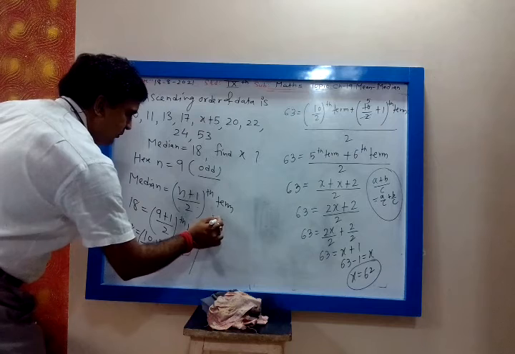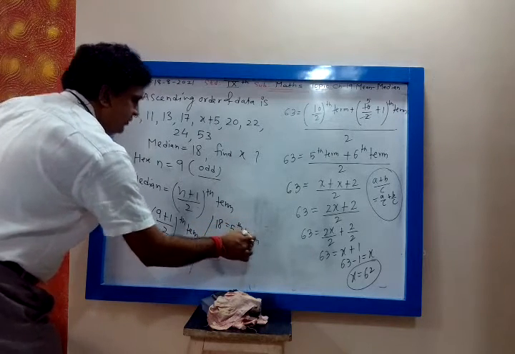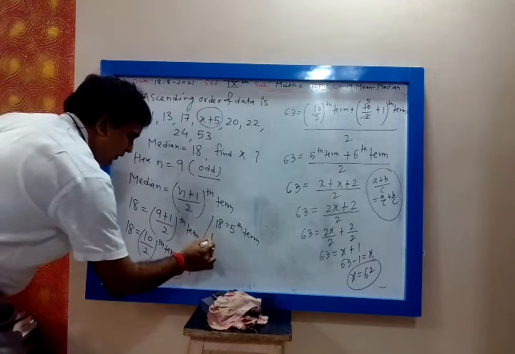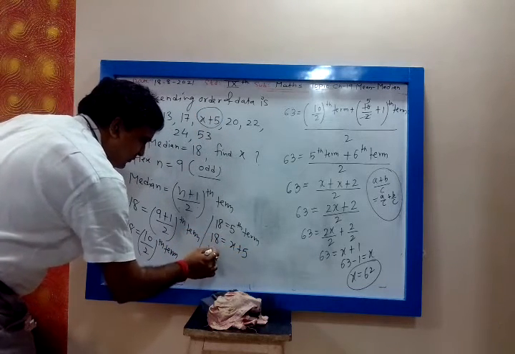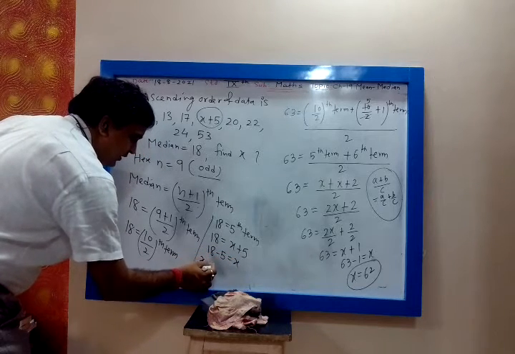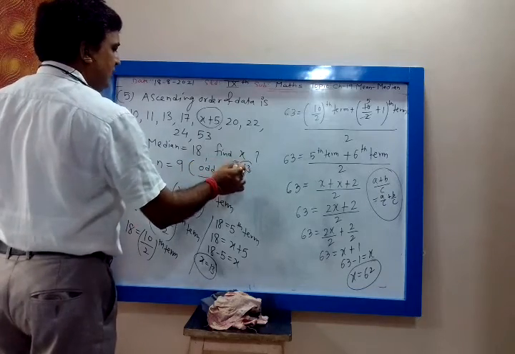So 18 is equal to the 5th term. What is the 5th term? 1, 2, 3, 4, 5. x plus 5. So 18 is equal to x plus 5. So 18 minus 5 is x. So x is equal to 13.